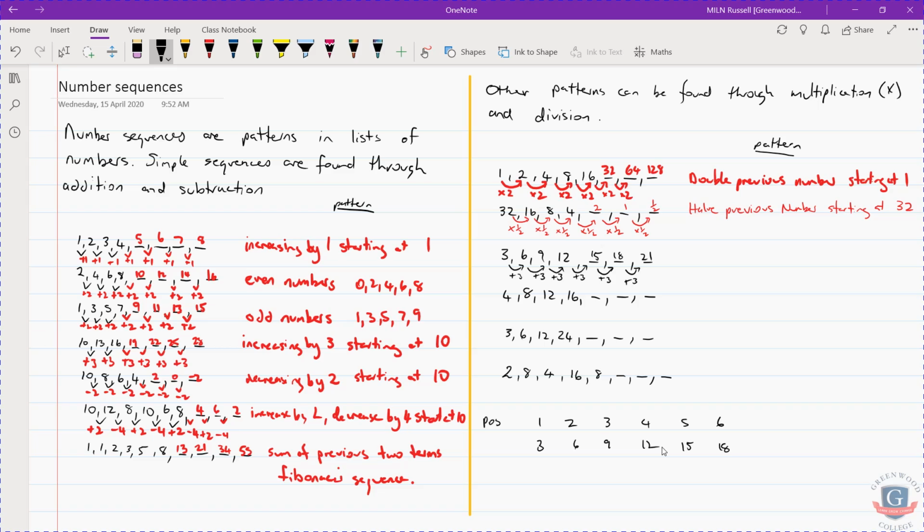And if you look at the position compared to the number, x is always equal to the position times by 3. So 1 times 3 is 3, 2 times 3 is 6, 3 times 3 is 9, 4 times 3 is 12, 5 times 3 is 15, 6 times 3 is 18. So we could change this answer underneath and call it the position in the sequence times 3.